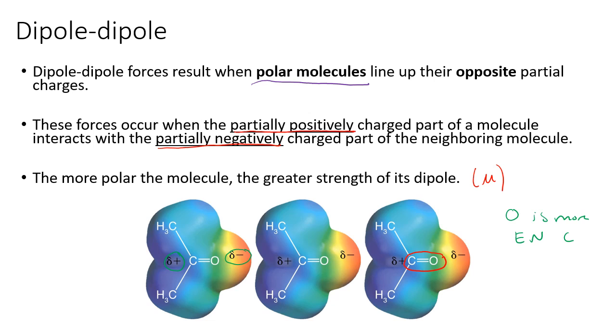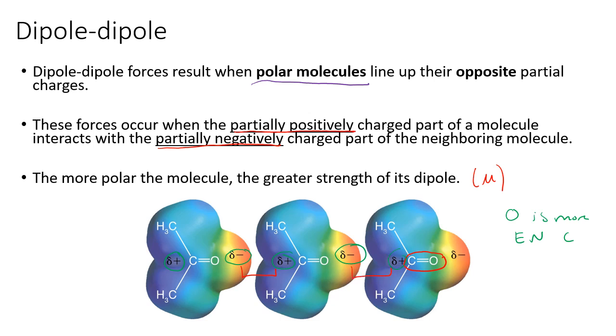And so in a sample of acetone, which is essentially nail polish remover, those partial positive and partial negative charges between different molecules line up. So notice the partial positive on another acetone molecule is lined up with the partial negative of one. And then going on, the partial negative is lined up with the partial positive of another molecule.